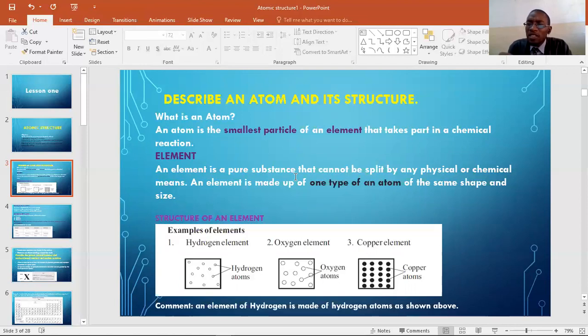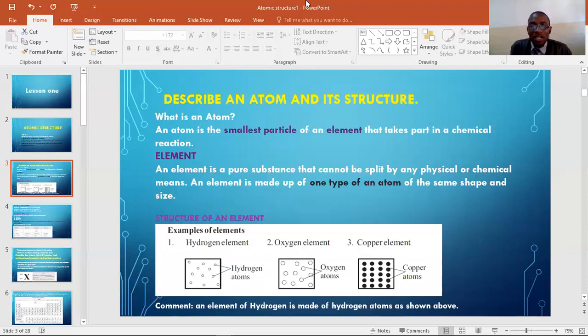So the smallest particle of an element. And what's so special about this particle is that it takes part in a chemical reaction. So we say it's the smallest particle of an element that takes part in a chemical reaction. So that is what we call an atom.